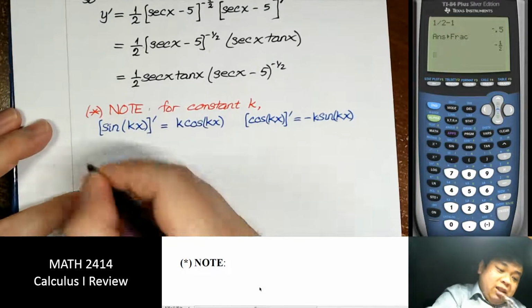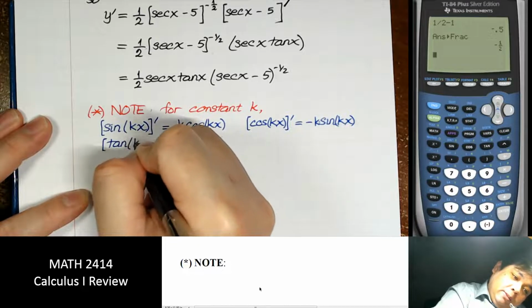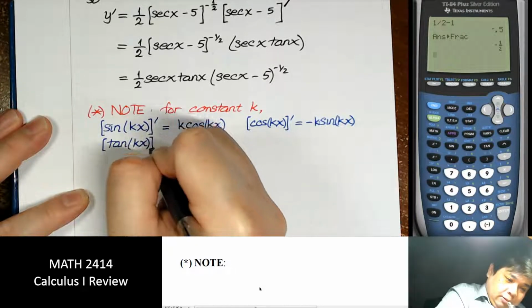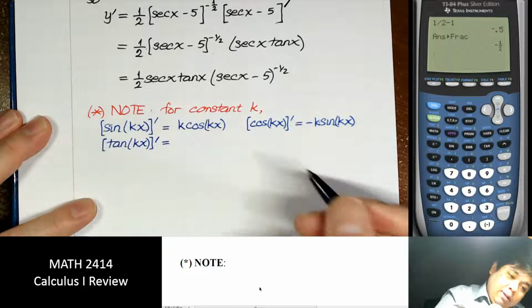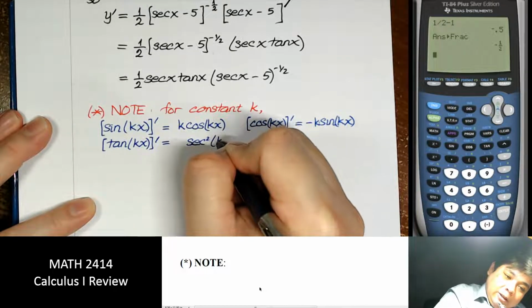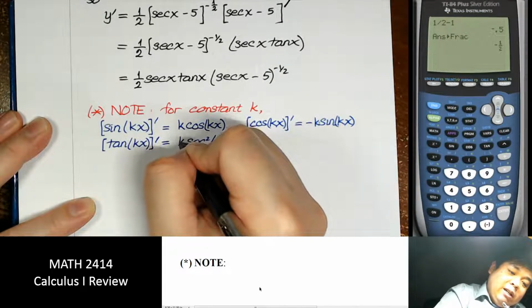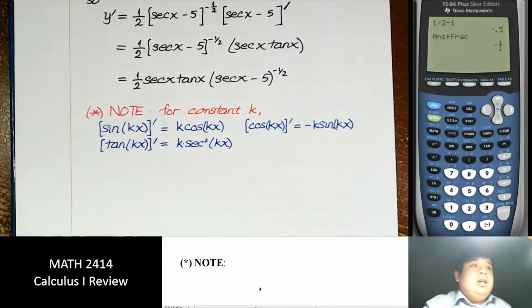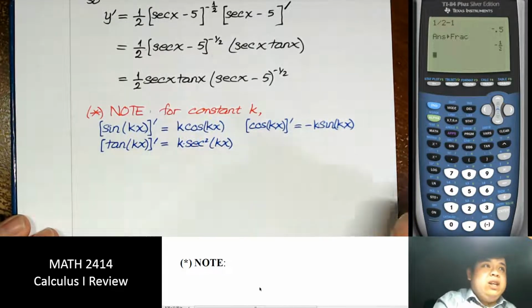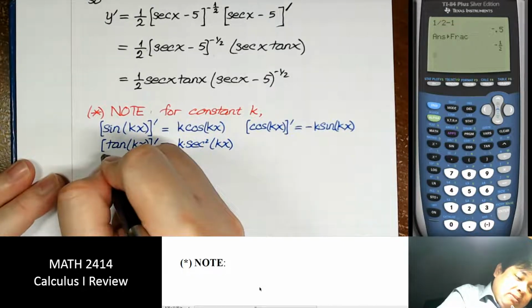Same thing for tangent, which is secant squared and then multiply by k on the outside. So it will be same thing for secant, tangent, cotangent, secant, and cosecant. Probably I don't need to write everything.